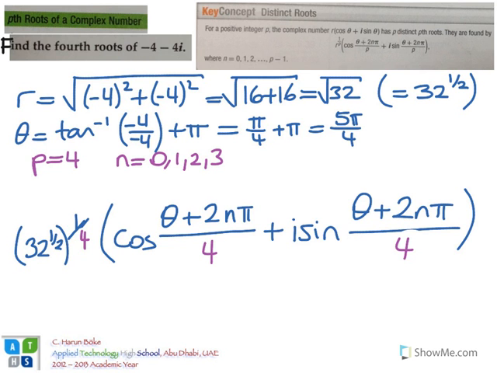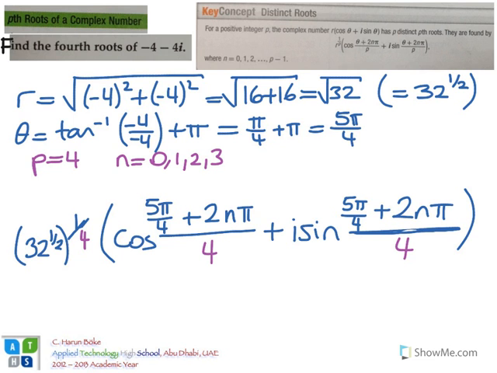So we can just multiply these powers and find 1 over 8, which means the 8th root of 32. We will fix that in the next step. And for theta, we can write 5 pi over 4, so let's do that. It will be 5 pi over 4 for each case, each function. And the only thing left is n, which we are going to substitute separately.